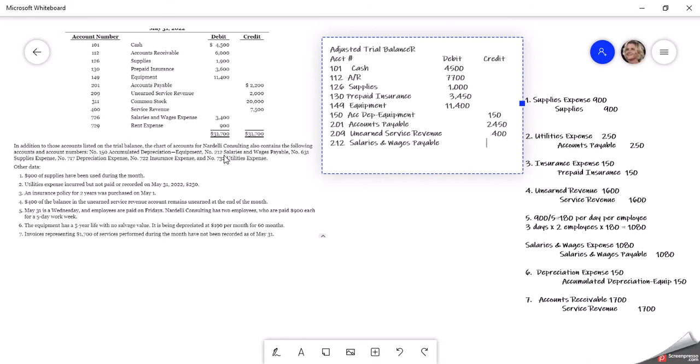And our salaries and wages payable was $1,080, as we looked at this entry over here. Okay, then we come down to our common stock, and that did not change. That's 20,000.